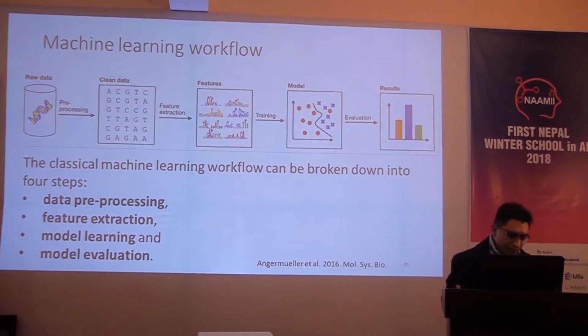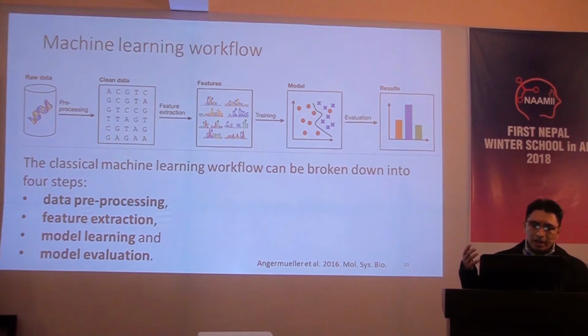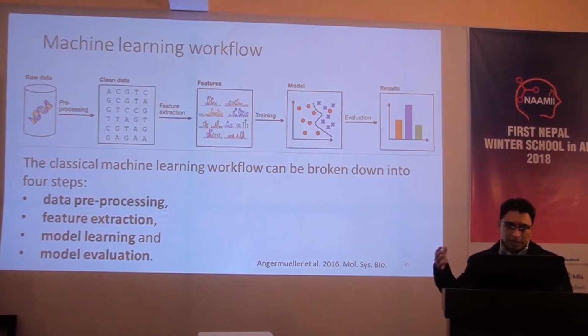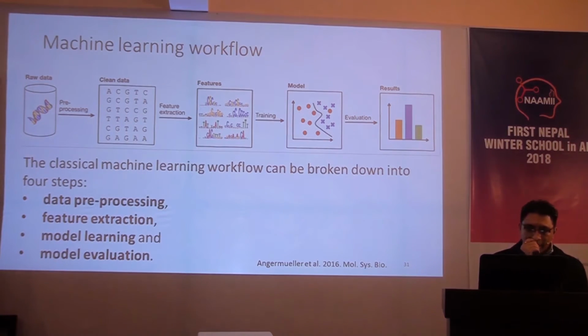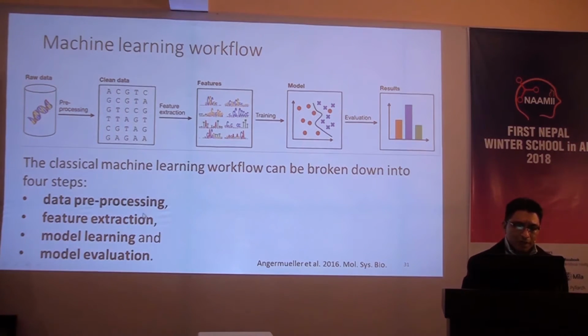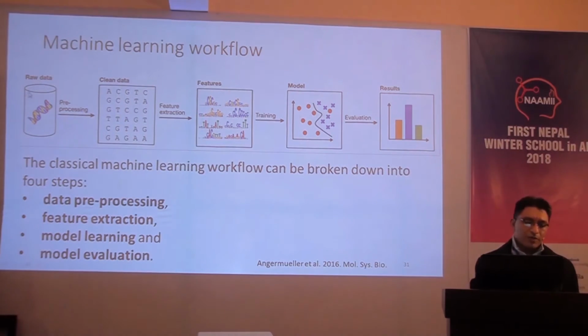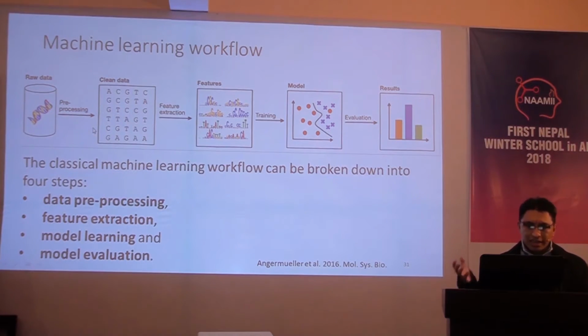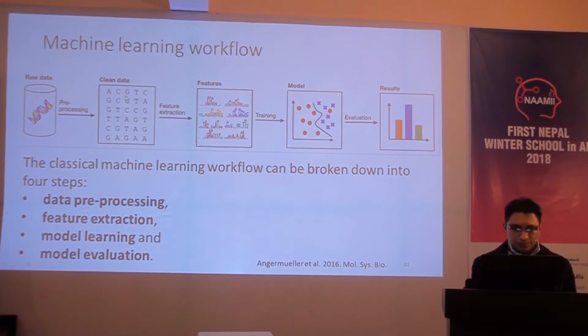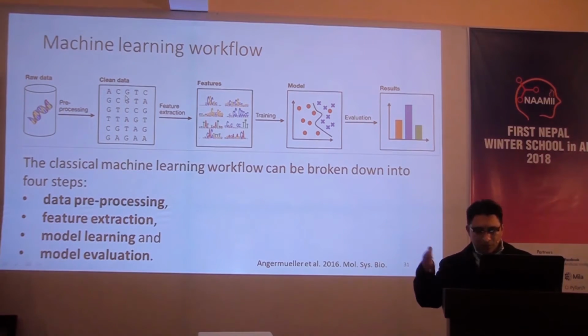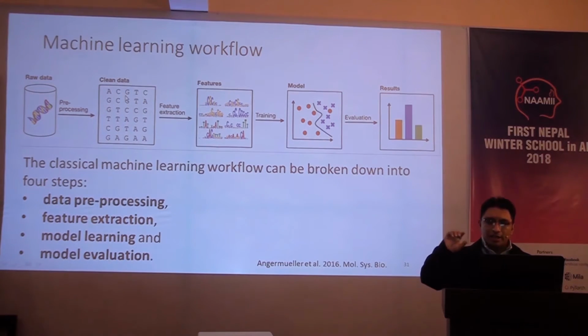To give you a basic idea of how the machine learning workflow is carried out in this field: first we have the raw sequences of DNA, and then the data is pre-processed, that is, cleaned.